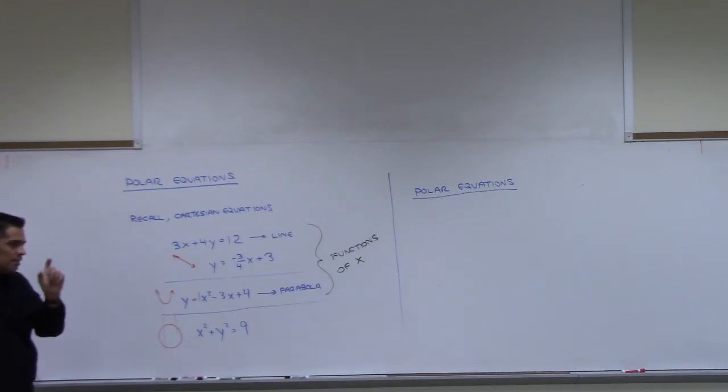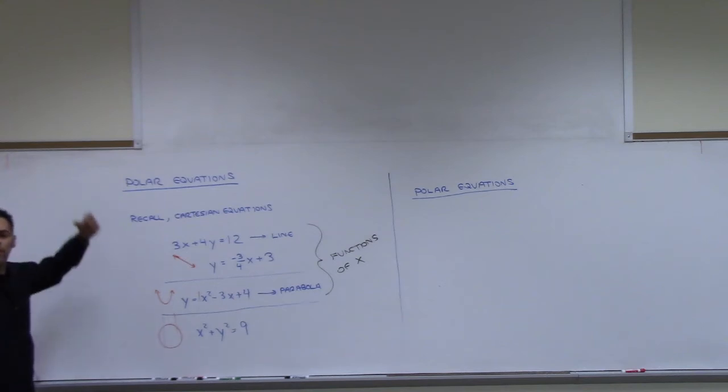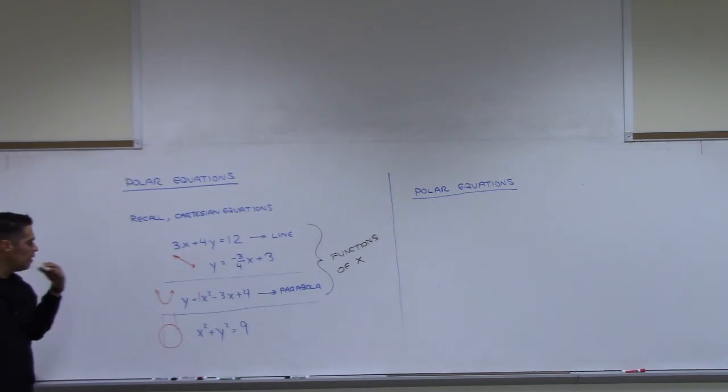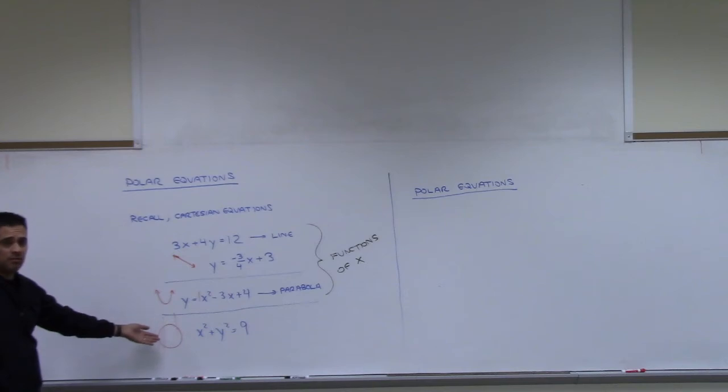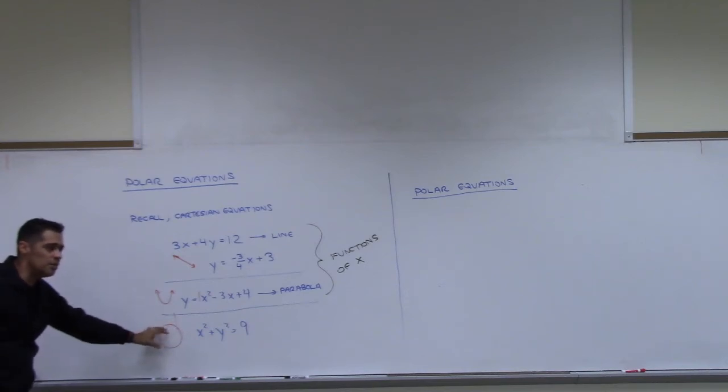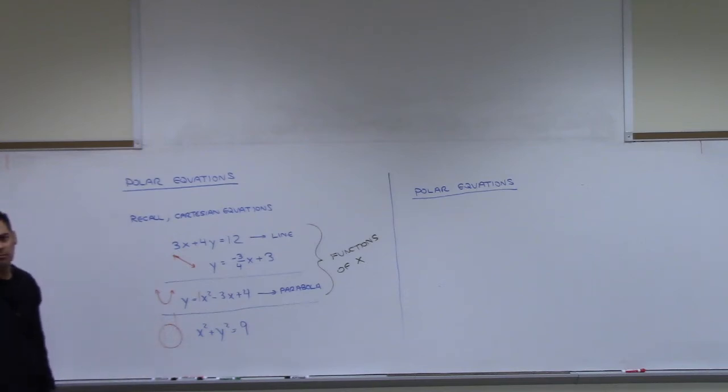When we were converting Cartesian points over to polar points, we used the conversions, right? I would like for you to try and convert this circle from Cartesian, where it fails to be a function, over to polar.